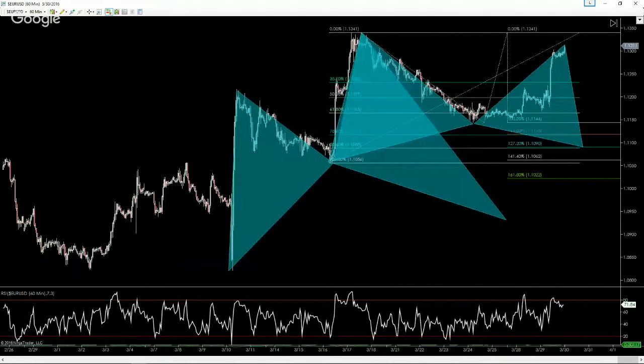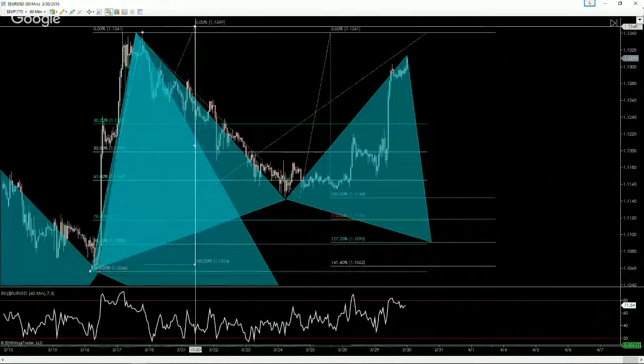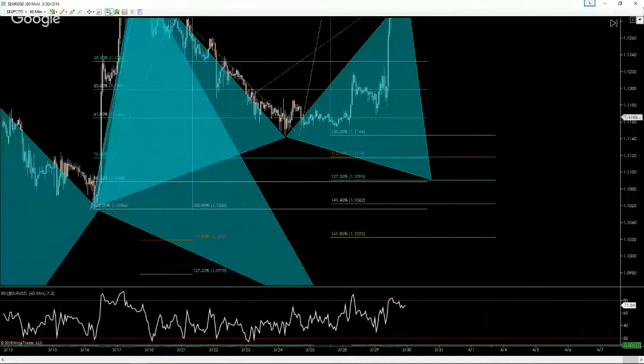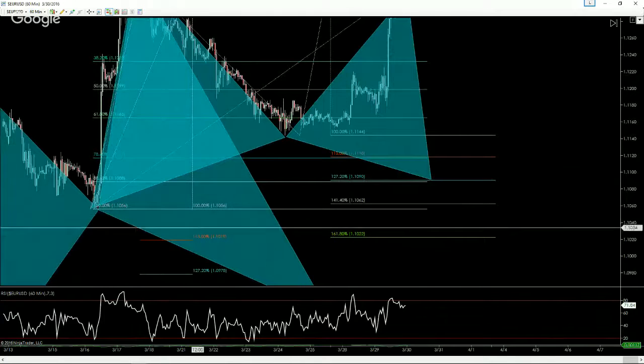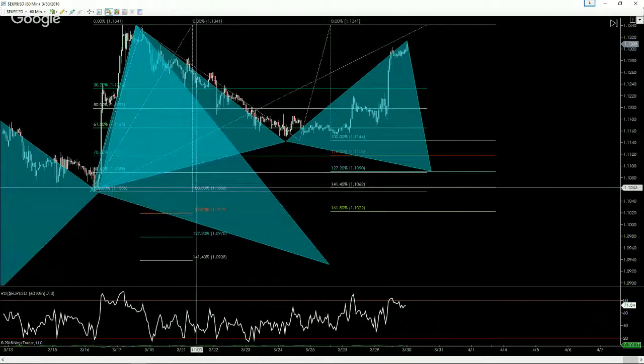The good thing about these two patterns is that if you take one, I usually take both of them, unless, of course, they both finish within each other's zone.